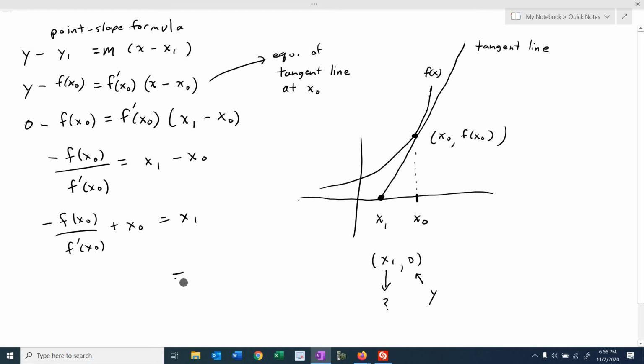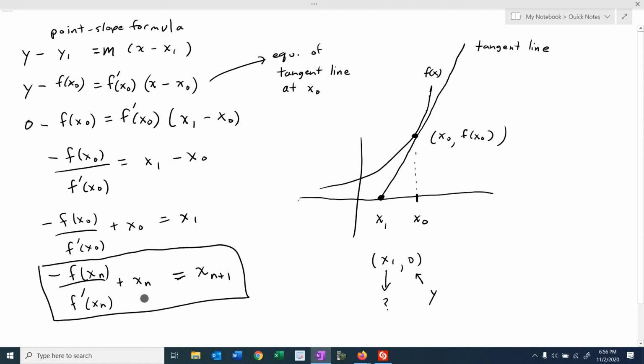And so in general, x sub n plus 1, the next one, can be found by plugging in the previous one, x sub n, into this little formula. Okay, that's the formula that we can use to continue to find the next x value in Newton's method.